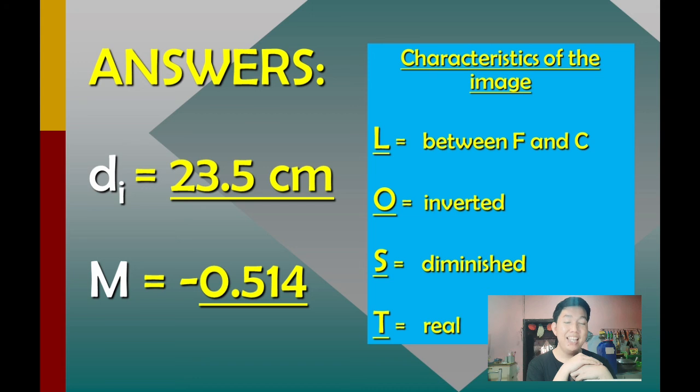And the type is real because the value of our DI is positive. So that is the same with what we had a while ago on the illustration. Sa ray diagramming natin, that is case number 1, pareho lang tayo dito sa computation part natin.